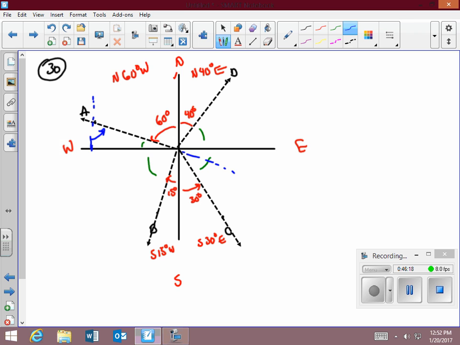You see, when this dashed blue line intersects with the north-south line, these angles here are across from each other, so they're equal, right? So this angle right here is going to be 60 degrees. Do you see what I'm saying? So now then you'll call this what? South 60 degrees east.